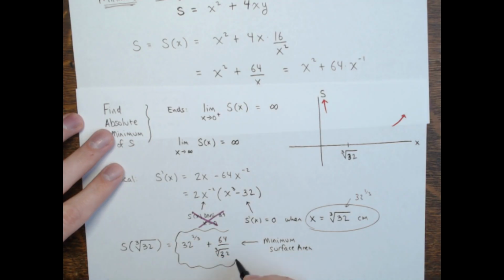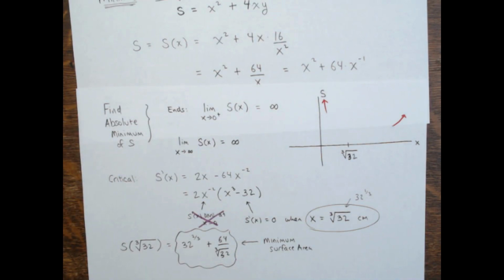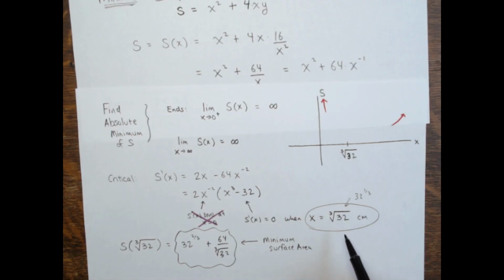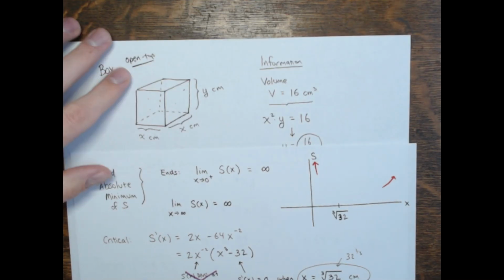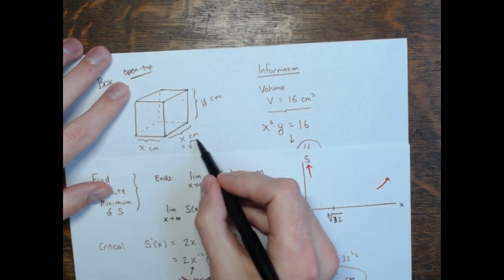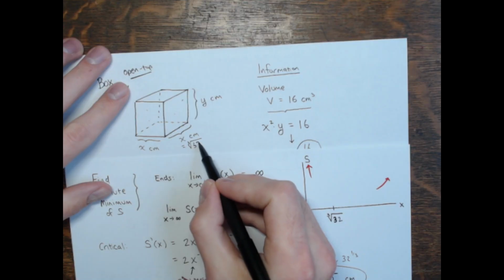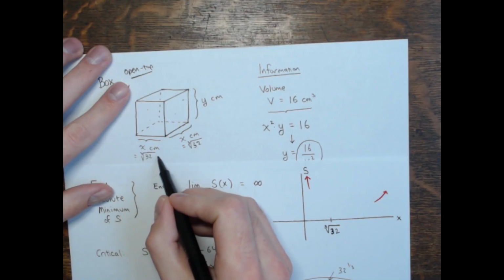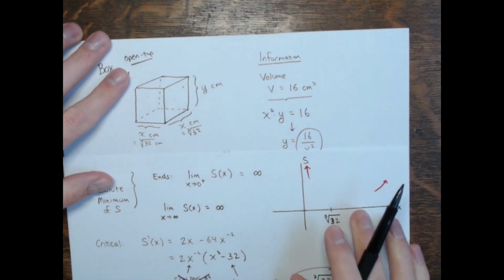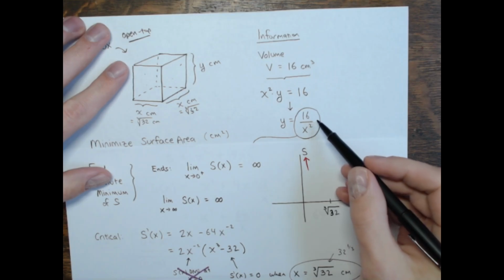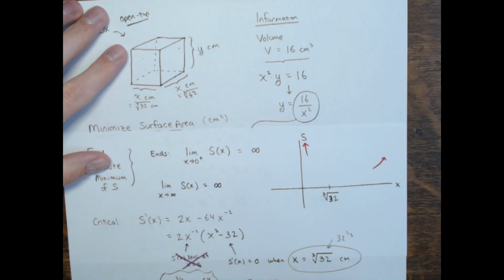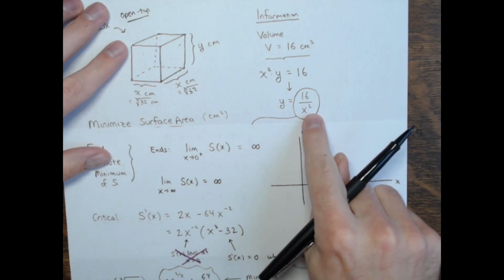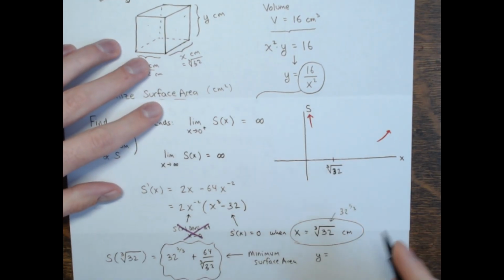Now, that's not the answer, but I'll punch this in Desmos, you'll see. What they want is the dimensions of the box, right? So remember this x: it's the cube root of 32 centimeters by the cube root of 32 centimeters. And then remember how to find y, right? y would be 16 divided by the cube root of 32 squared.